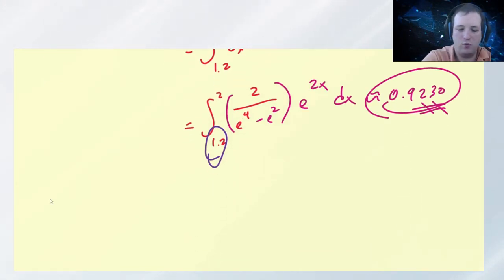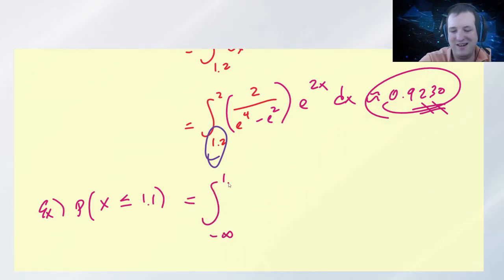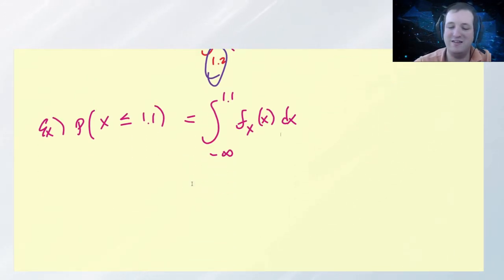So let us just look at one other basic example of probabilities. If I say what is the probability that X is less than or equal to 1.1, so from the general probability perspective, that's going to be the integral from minus infinity to 1.1 of our density function. But remember that the support of this function is [1, 2]. That means from negative infinity to 1, this function is equal to 0.